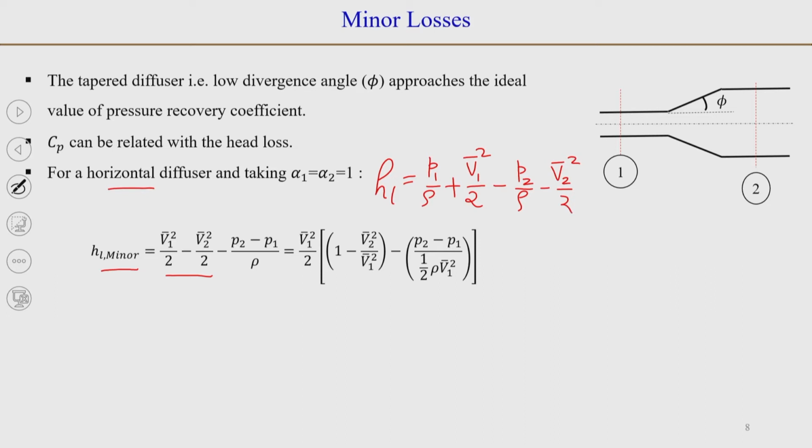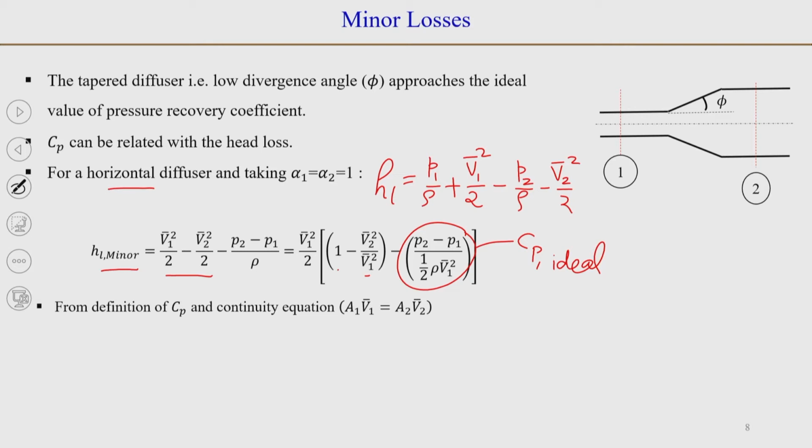We can write this in this form. When you rearrange, the losses will be like this: minus P2 minus P1, and then we can take V1 squared by 2 out of the bracket. This term will become 1 minus V2 squared by V1 squared, minus P2 minus P1 by half rho V1 squared, and we know that this is the Cp ideal that we saw in the previous slide.